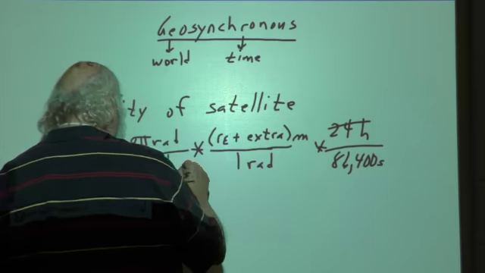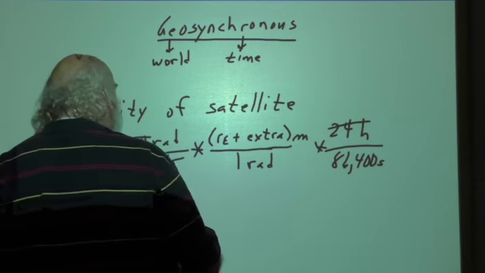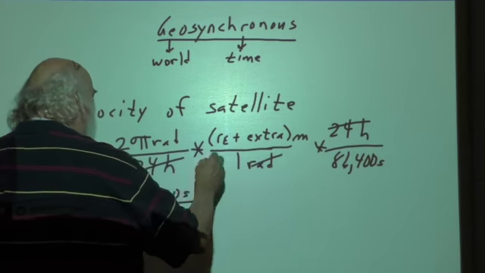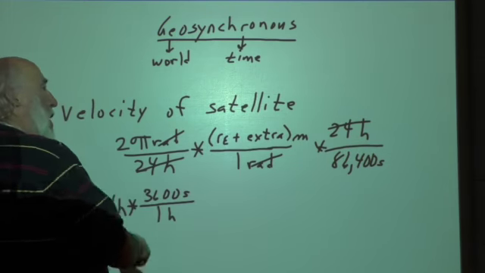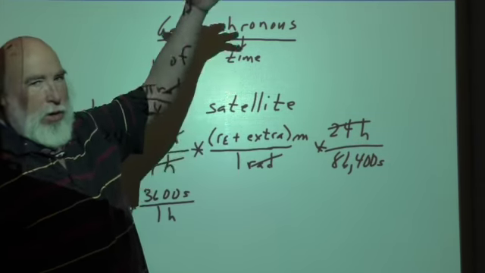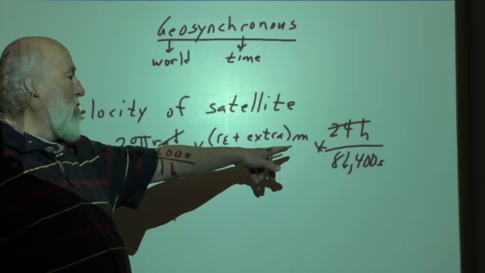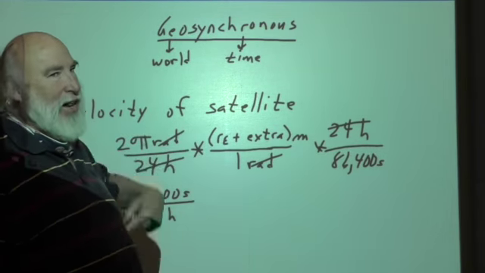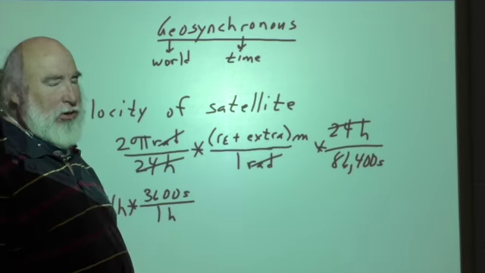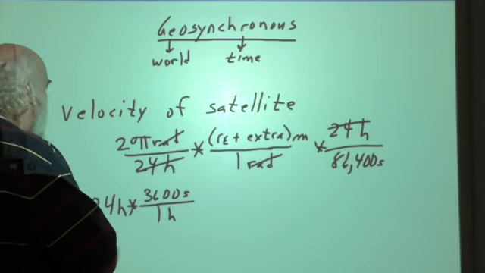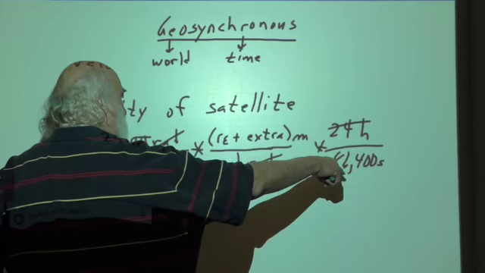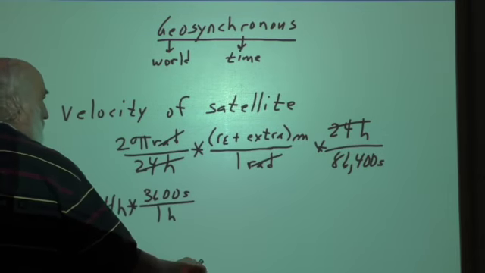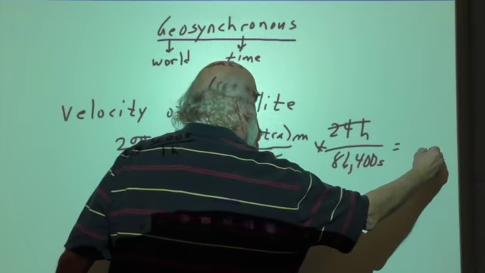That way, 24 hours is gone, and the radians are gone here. So I'm going to take 2 pi times that length divided by 86,400 seconds. That's the circumference of the gigantic circle of the geosynchronous satellite traveling around the Earth. Divided by 86,400 seconds will give us an answer in meters per second.